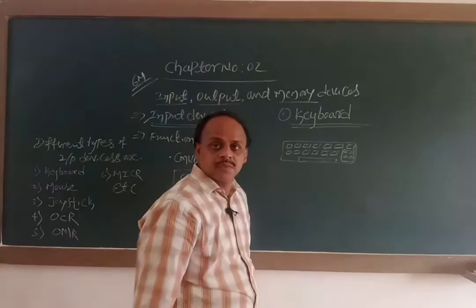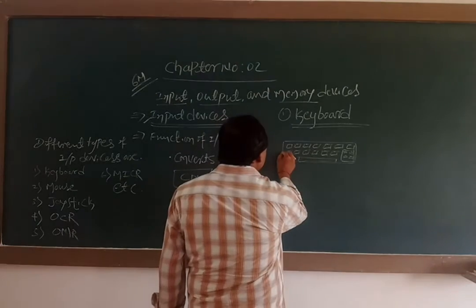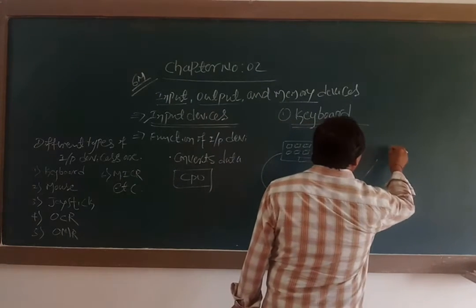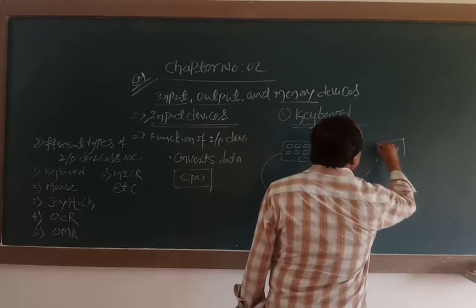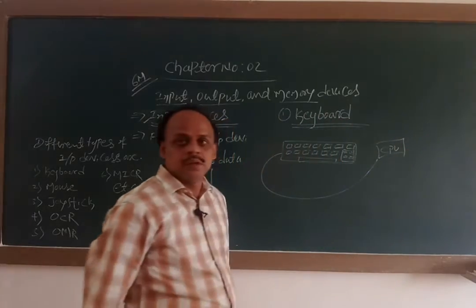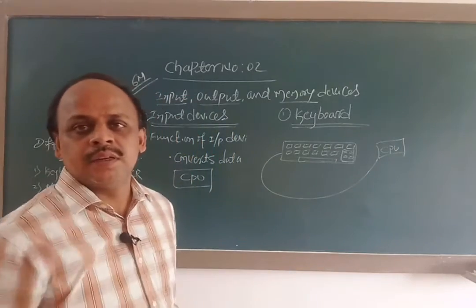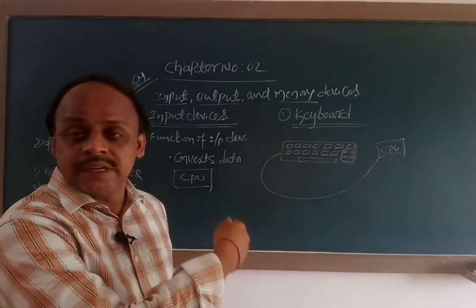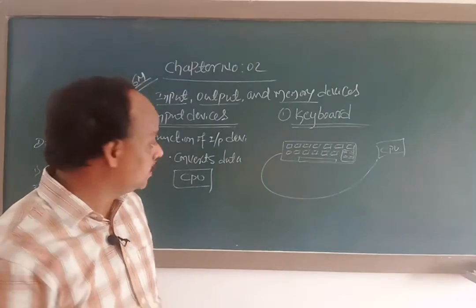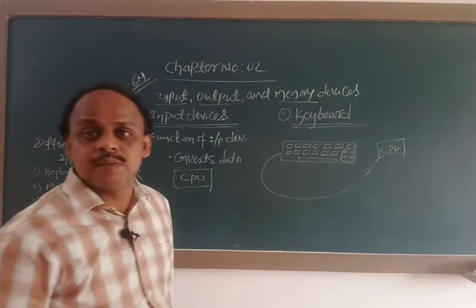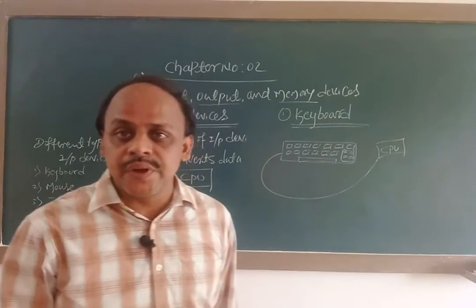And one cable is there that is connected to the CPU, right? It is just a rough diagram. It gives a clear idea about the keyboard, right? So keyboard is the most commonly used input device.